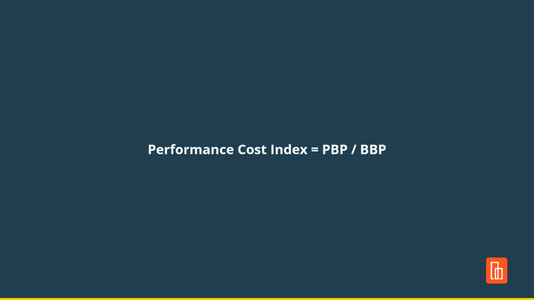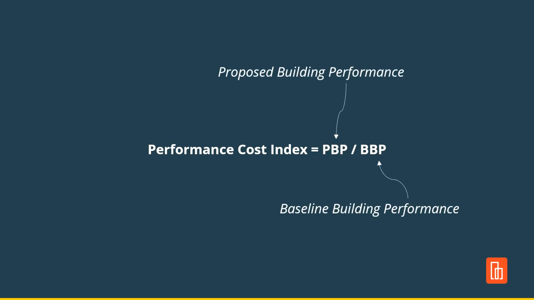Now, I'm just going to talk to the performance cost index a little bit because ASHRAE 90.1 at the end of the day becomes an economic analysis. It uses obviously energy data, but it becomes an economic analysis where effectively you're just dividing that proposed building performance against the baseline building performance to get this performance cost index.